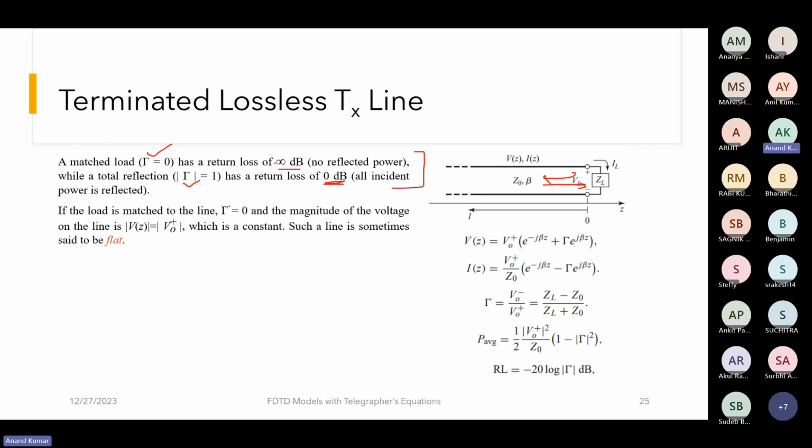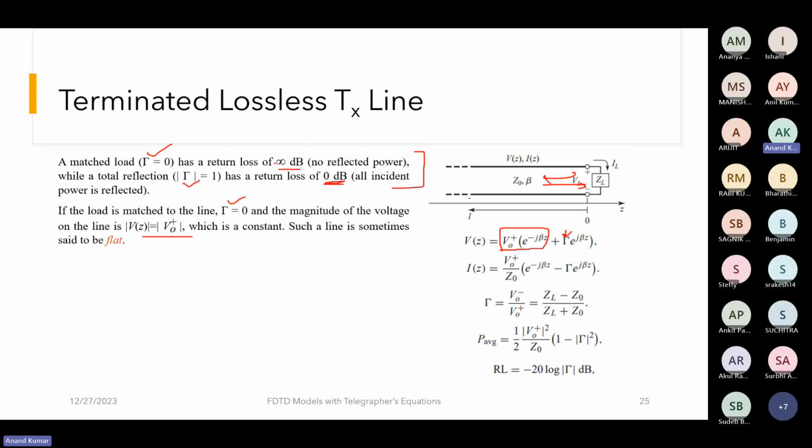Now, if the load is matched to the transmission line, then we have gamma equals 0 and the magnitude of the voltage on the line will become constant. If you just substitute gamma equals 0, we are left with just this term, and this is for all z.